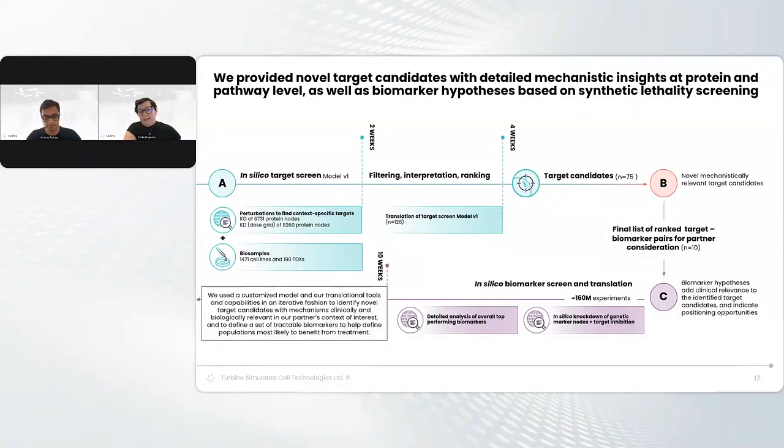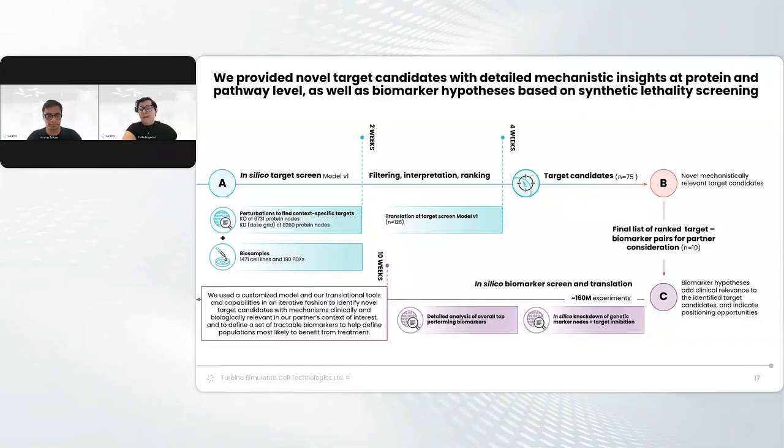And what is worth mentioning here is the mechanistic understanding. So after these in silico experiments, when you are perturbing the different genes, you are not only able to get viability data, but we can also get pathway activity data, and you can actually compare the different pathway activity patterns in the responder versus non-responder cell populations.